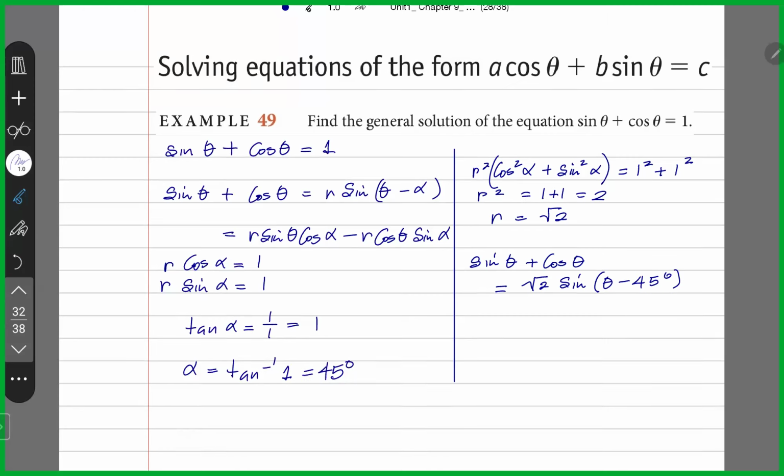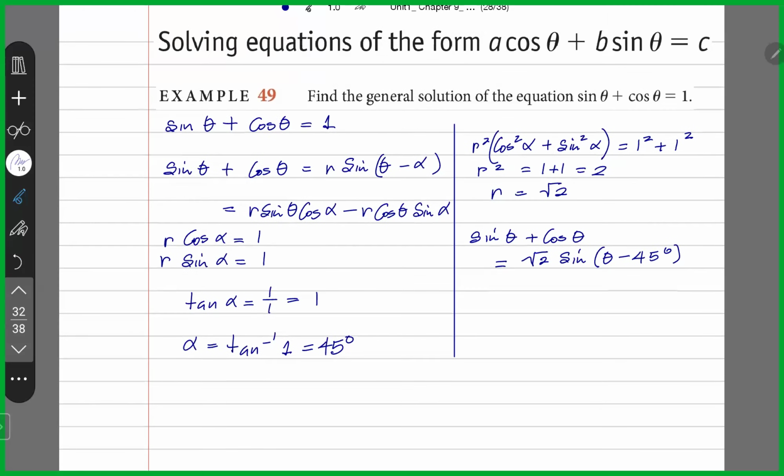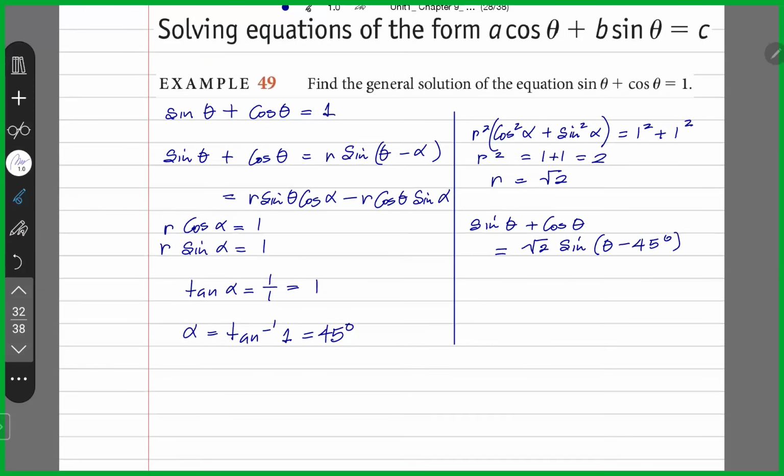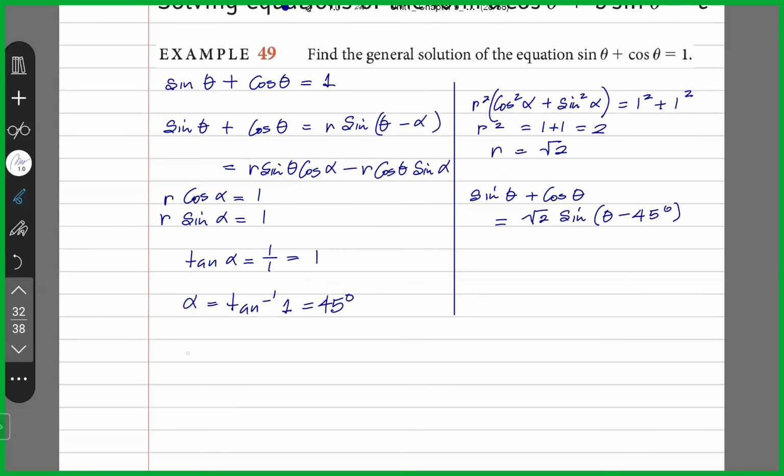So I can rewrite my equation as root 2 sin(theta minus 45 degrees) is equal to 1.